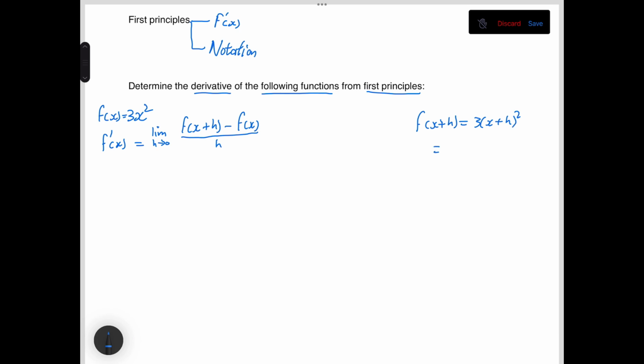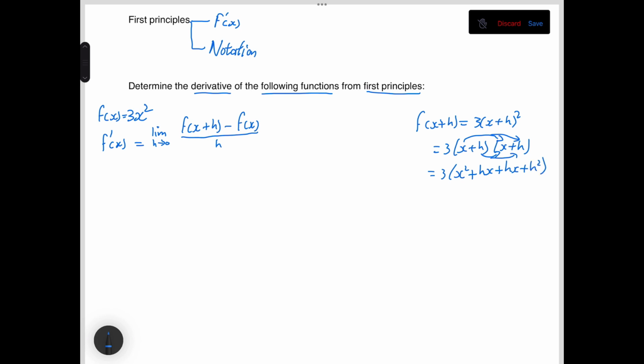And so we put 3 in front, and we write out the bracket twice: x plus h. Now we don't multiply the 3 yet, we keep it outside. So it's going to be x squared plus hx plus hx plus h squared.